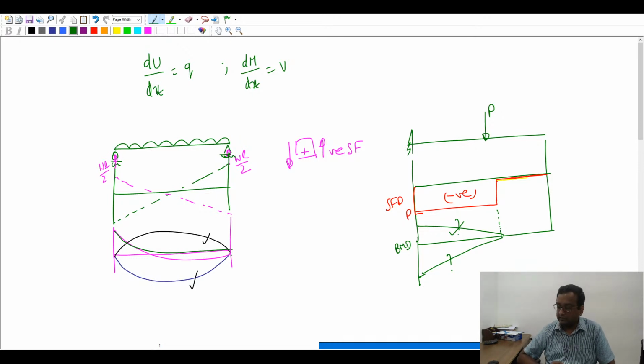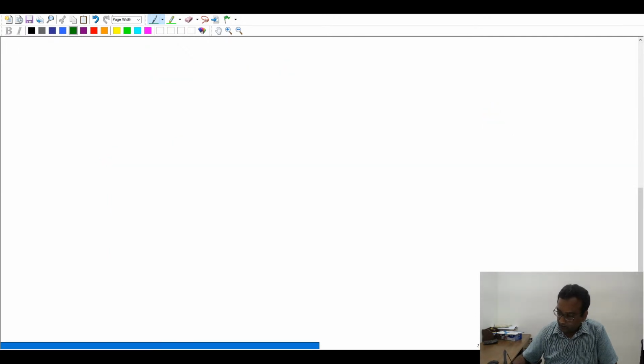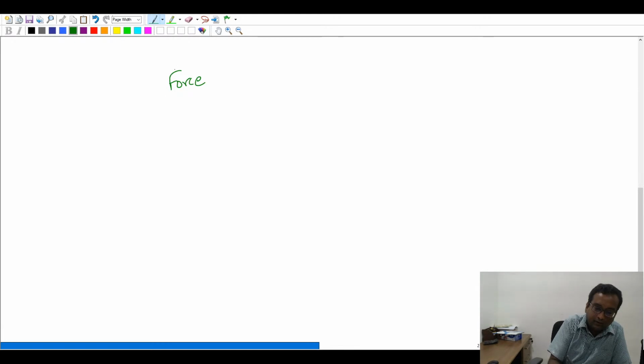Okay, what is stress analysis? In mechanics, what we want to do is we want to relate the applied forces, boundary forces, to the boundary displacement, to the displacement here.